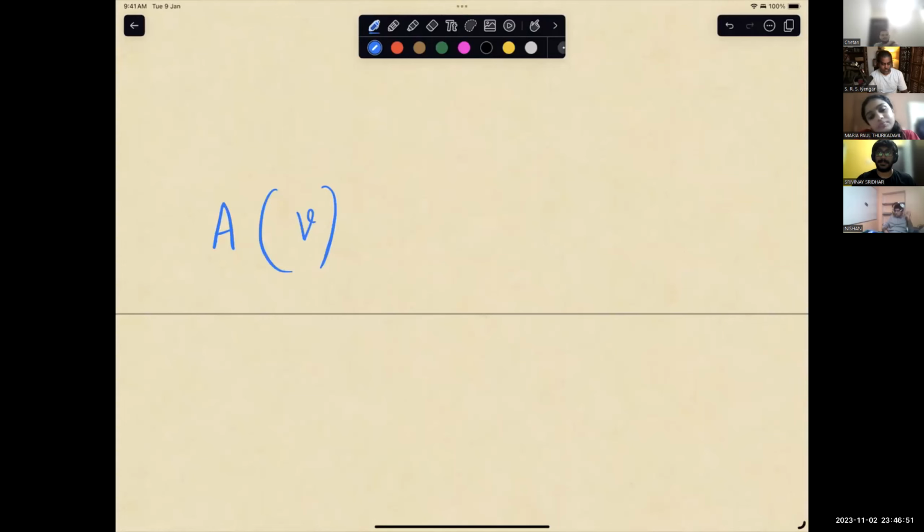This is a 2 cross 2 matrix. And your vector V is a linear combination of your, let's call this eigenvector 1, eigenvector 2. Alpha 1 times this.